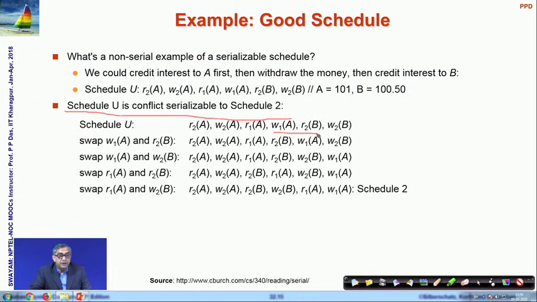W1 with R2B; this is possible, they are referring to two different data items. Then we swap W1 with W2, again different data items. Then we swap R1 with R2, again different data items, and both of them are reads.